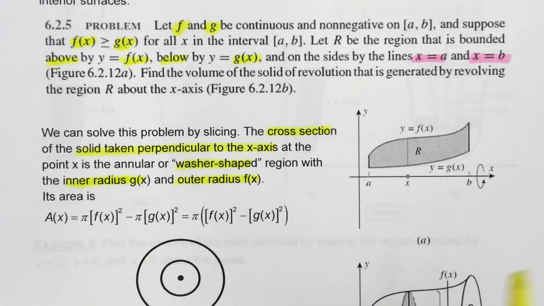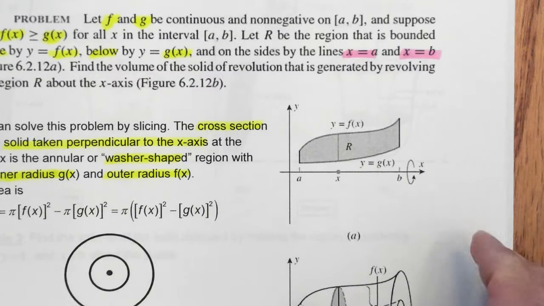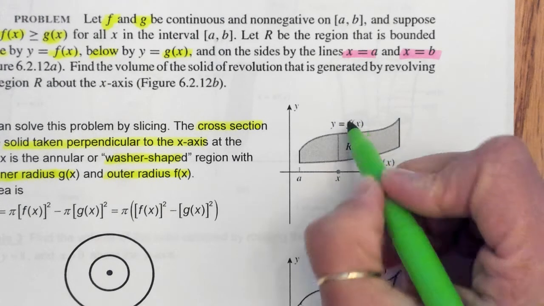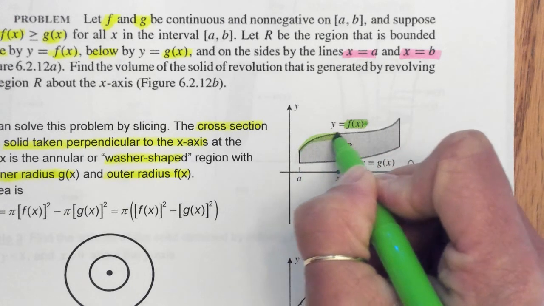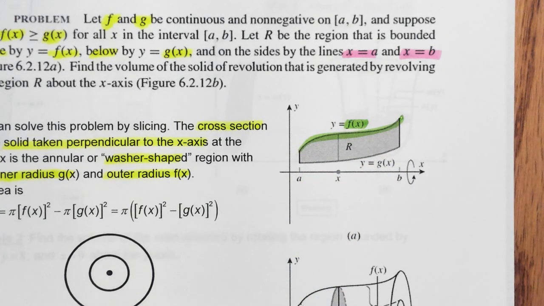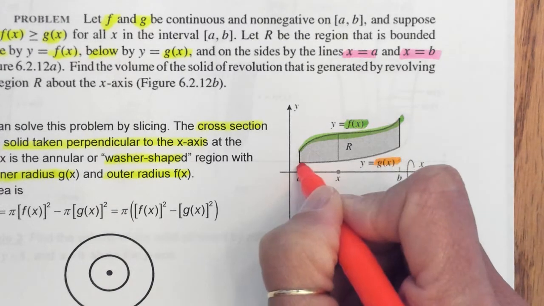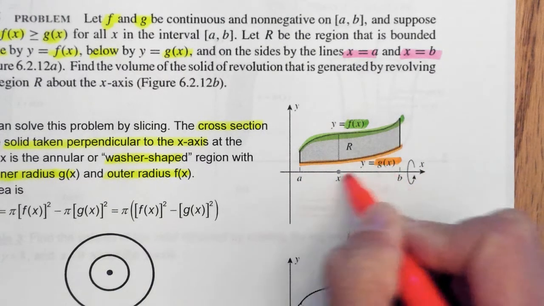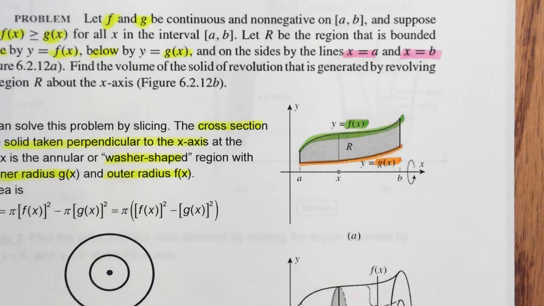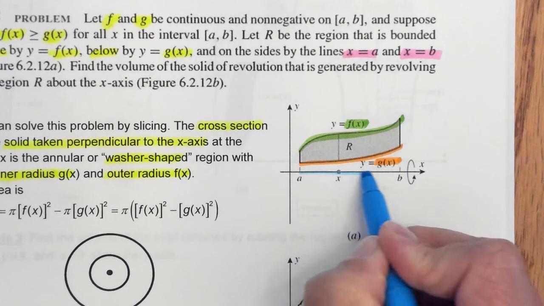So before I go through this whole thing, I want to take a look here. So what they're saying is that we have our region of f of x, which is on the top, like this, and g of x, which is on the bottom, okay, but not adjacent to our axis of revolution. So this right here is my axis of revolution, the x-axis.